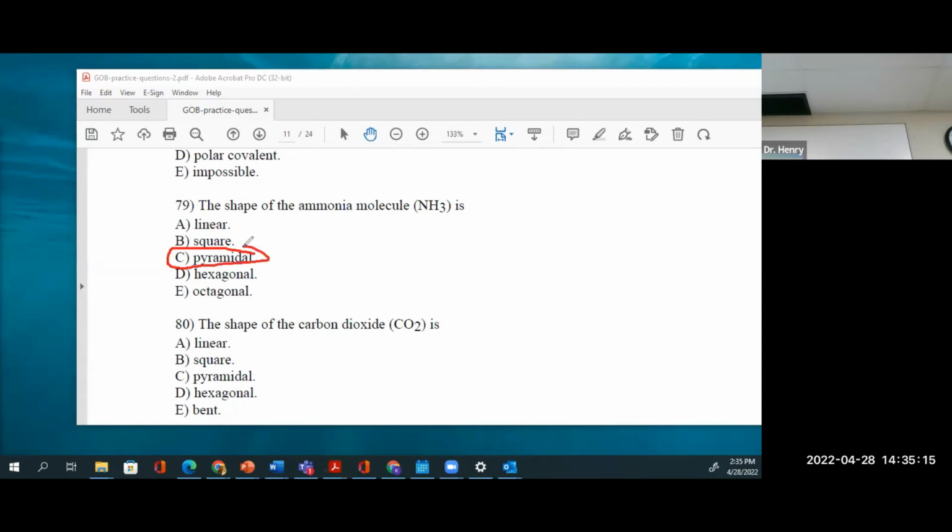The shape of carbon dioxide is A, linear, B, a square, C, pyramidal, D, octagonal, E, bent.